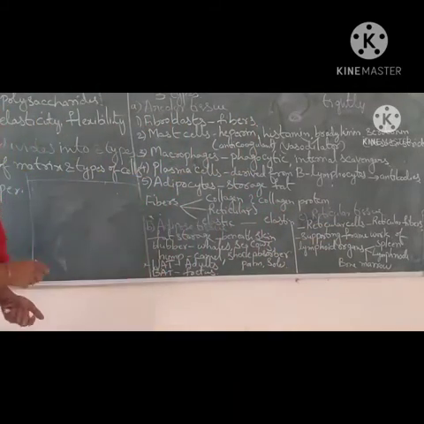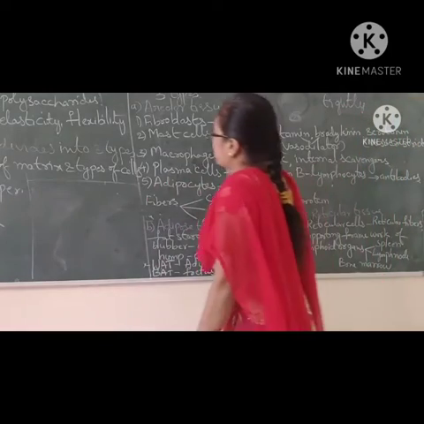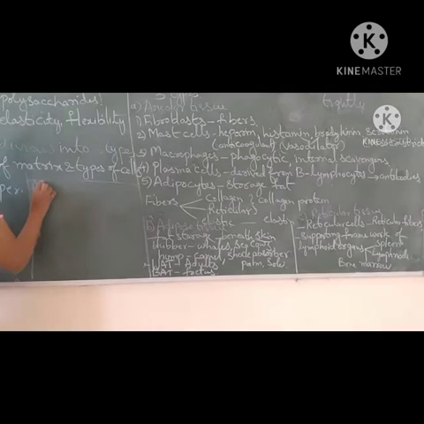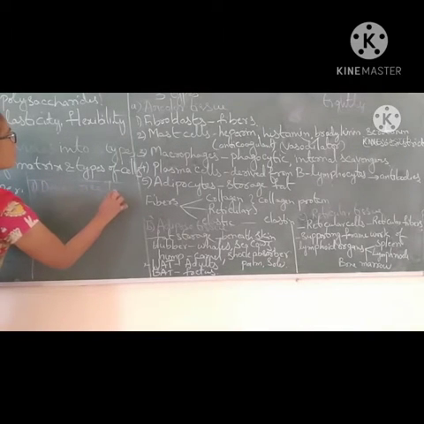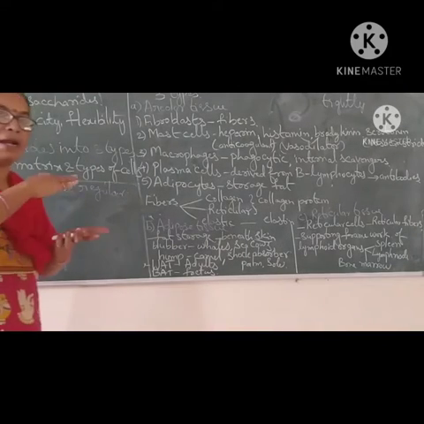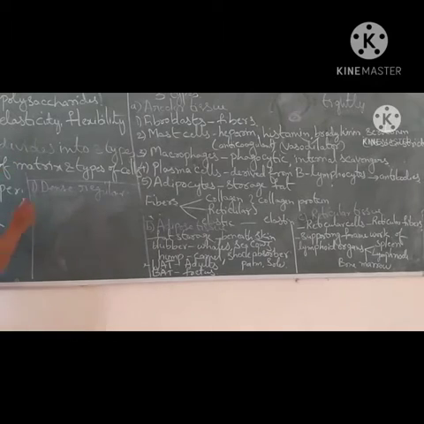Now the dense connective tissue. This dense connective tissue is divided into three. What are they? Dense regular, meaning they form bundles and are arranged in bundles.